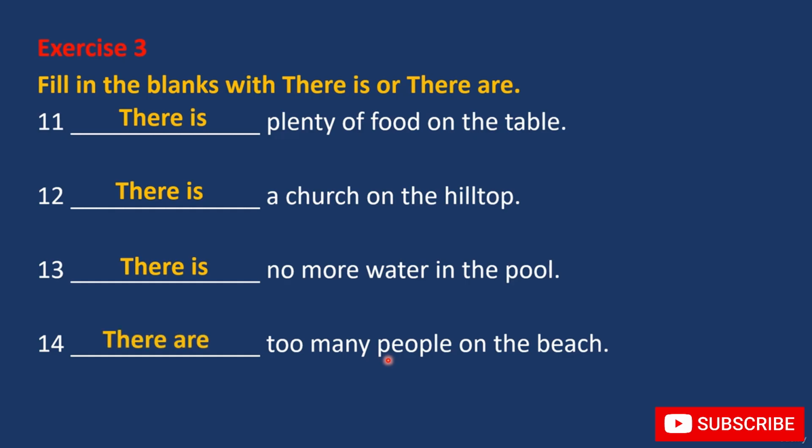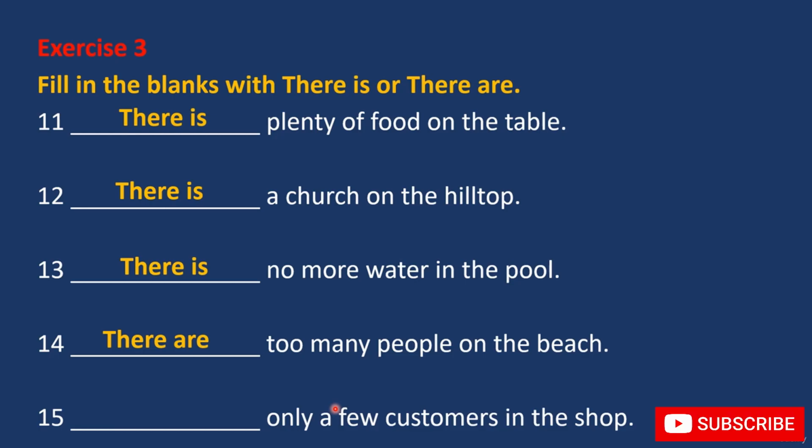Perfect. There are too many people on the beach. Excellent. Only a few customers in the shop. There is only a few customers or there are only a few customers. Take care, here we say what? Customers, plural. Excellent. There are only a few customers in the shop. All of you are great. Wonderful.